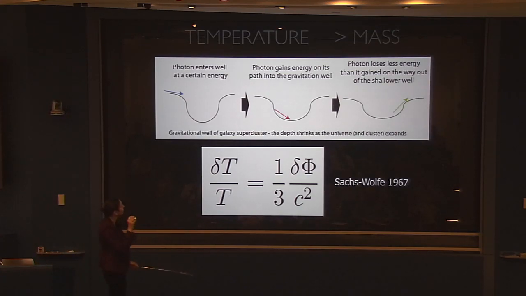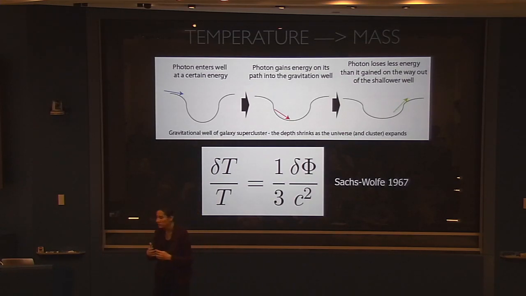So if you imagine a photon entering a gravitational well of a certain size, like a supercluster, and the universe is expanding, then when that photon comes out of that well, it's going to have less energy than it gained on the way in. So it actually changes the photon energy depending on what that mass fluctuation is. So that immediately gives you a correlation between the temperature fluctuation and the density fluctuations.